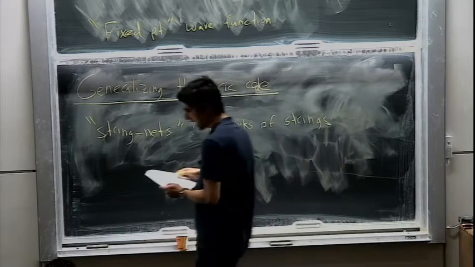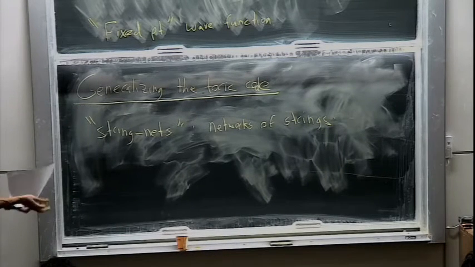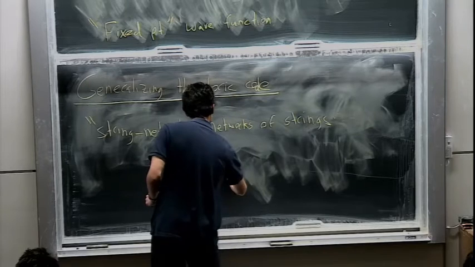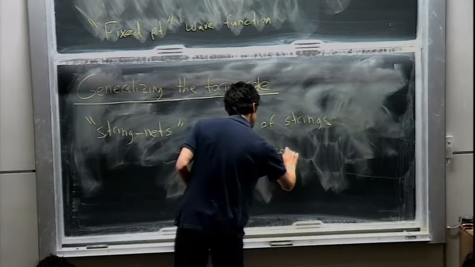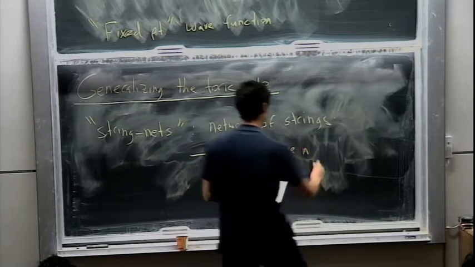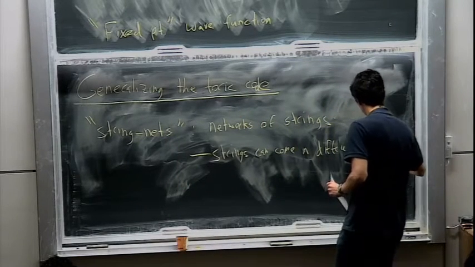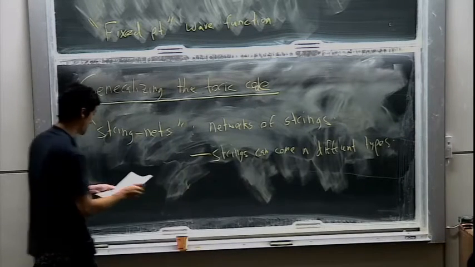And not only will they have branching, but I'm also going to allow the strings to have different species. Strings can come in different types. And as I said, they can branch.